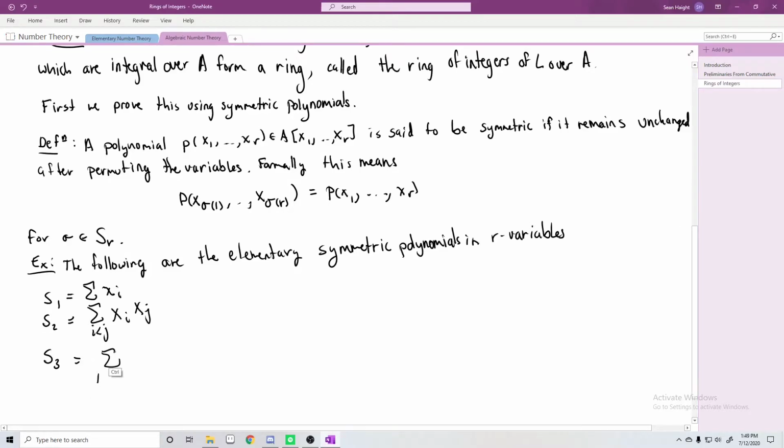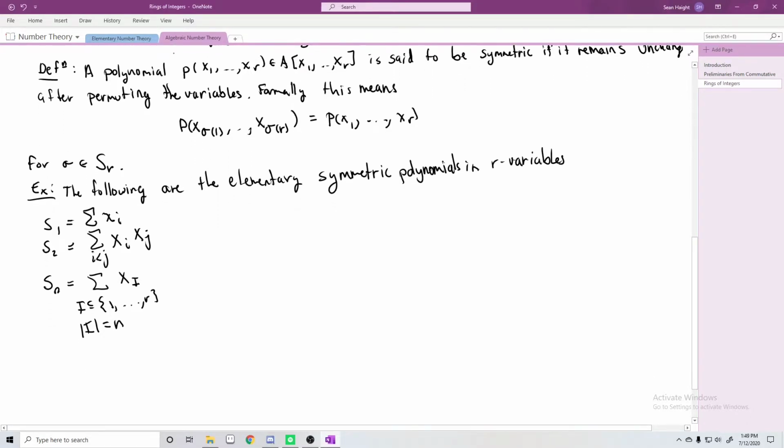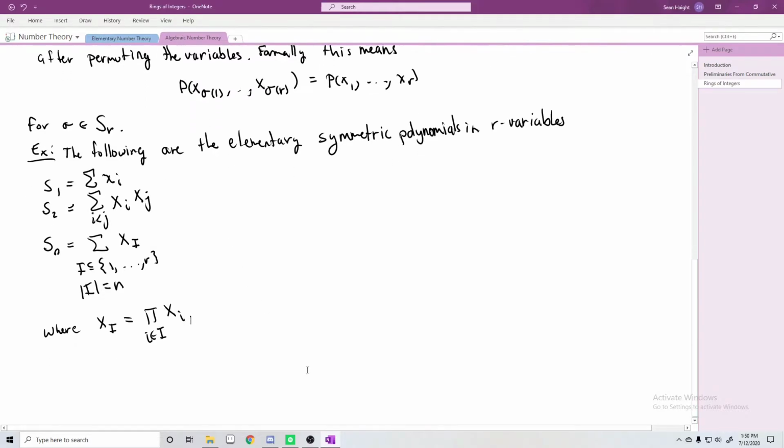So I guess maybe I'll just tell you what in general they look like. S sub n is going to be the sum over subsets I of the indices 1 through r, I of size n, of this guy x sub I, where x sub I, if I is a set of indices, just means take the product of x sub little i for every i in big I. So x sub indexing set is the product over little i in I of x sub little i.